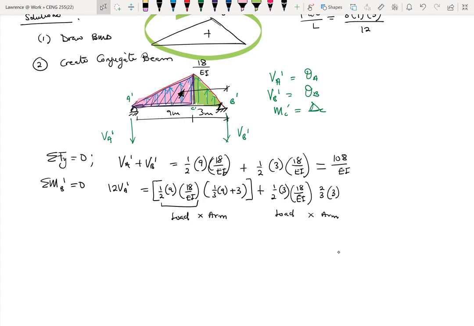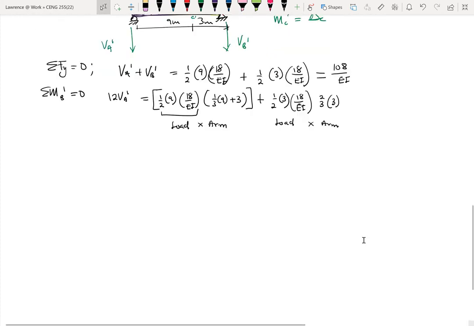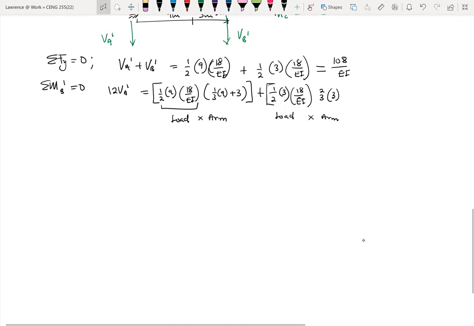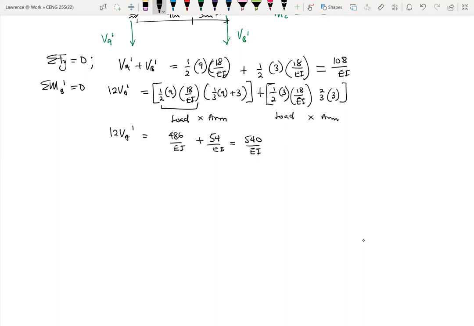Okay. Then we can simplify this set of equations, and I think this is 486 over EI plus 54 over EI, and this will give us 540 over EI.